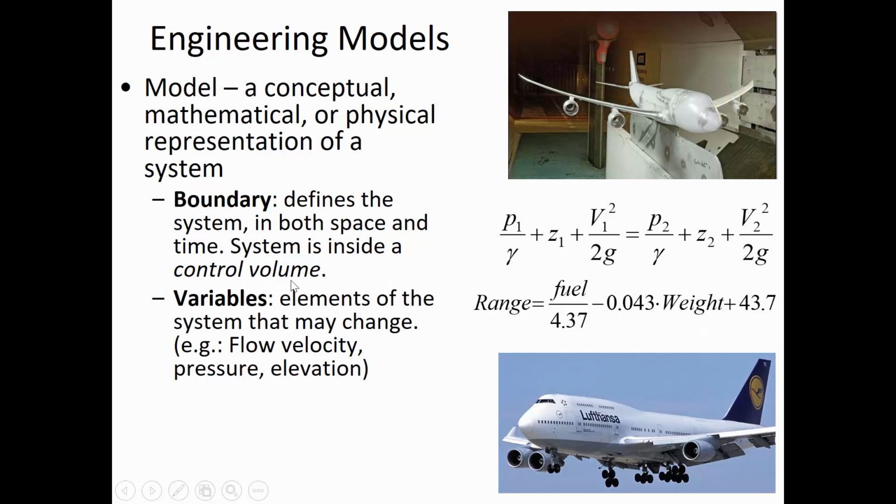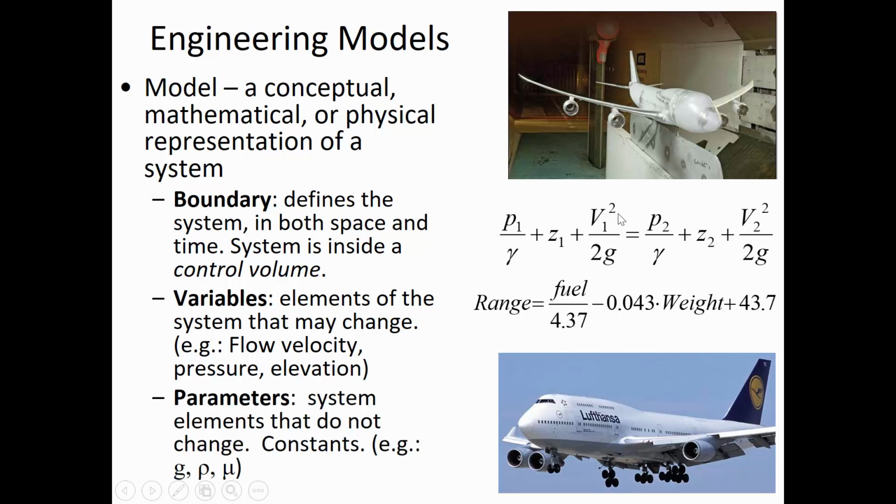And the variables in a model would be the elements of the system that can change. You'll see here that the variables in Bernoulli's equation are pressure, elevation, velocity. But then there are some constants that don't change.